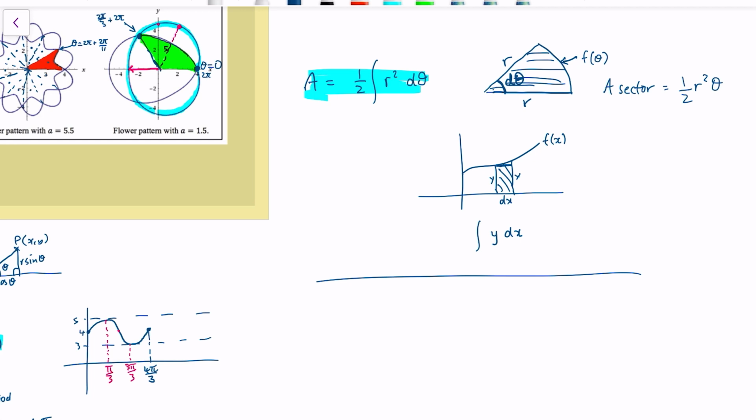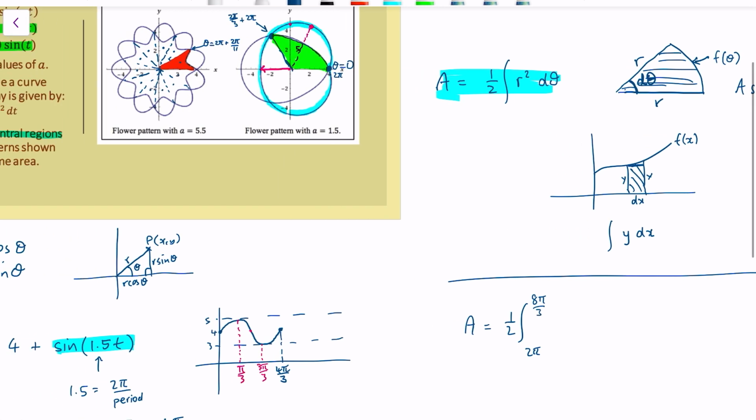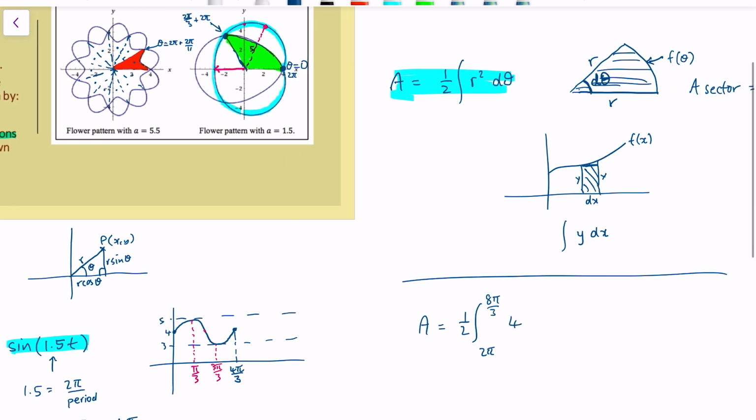Alrighty, so for the first one, area is the integral between 2 pi and 2 pi plus 2 pi over 3, so 8 pi over 3, of this radius function squared, and we've also got a half. The radius function squared was 4 plus sine 3t over 2.